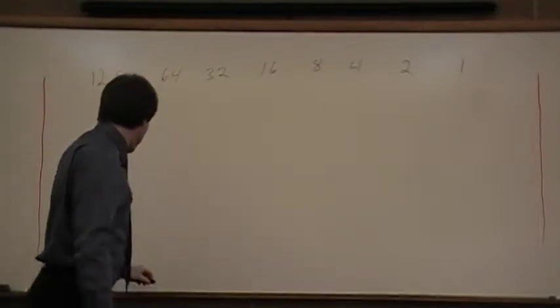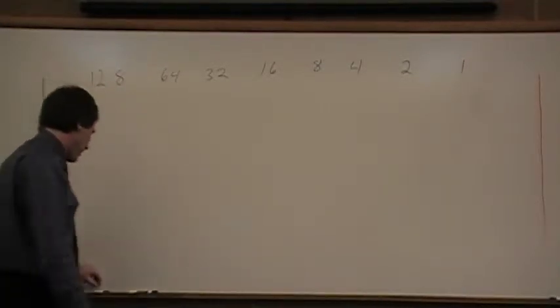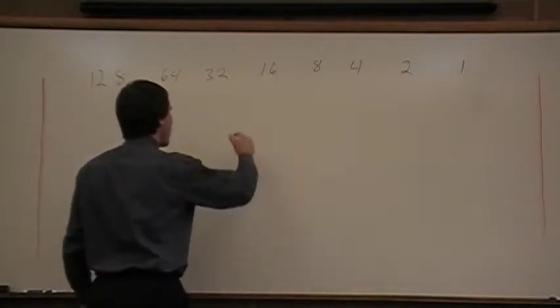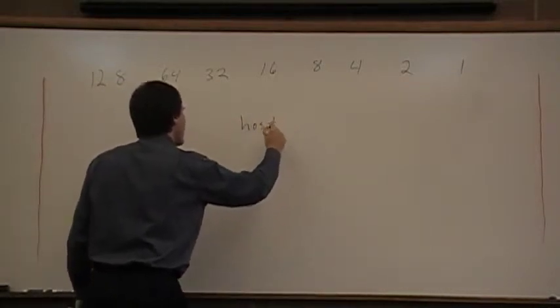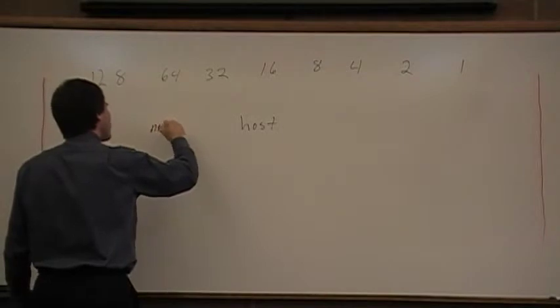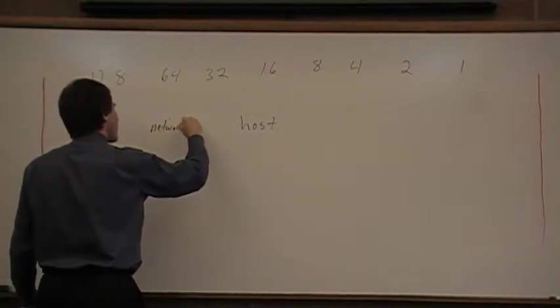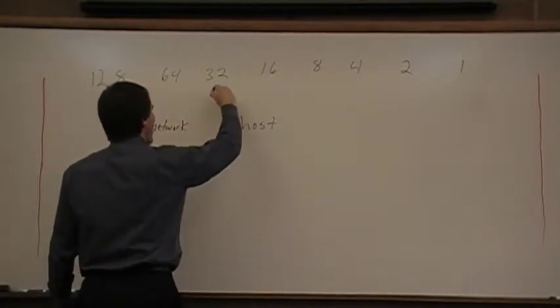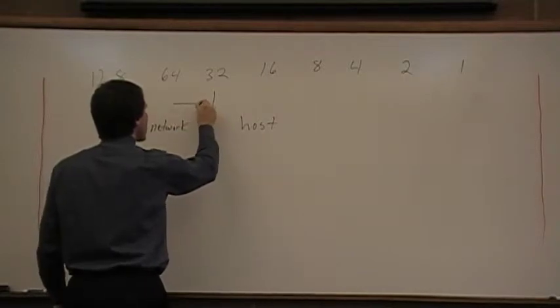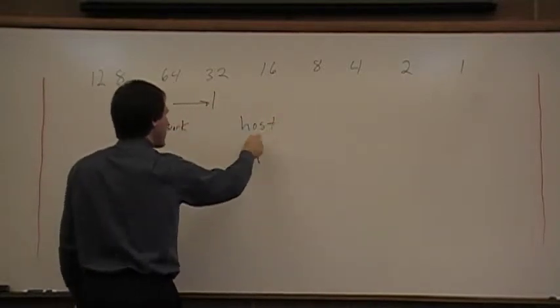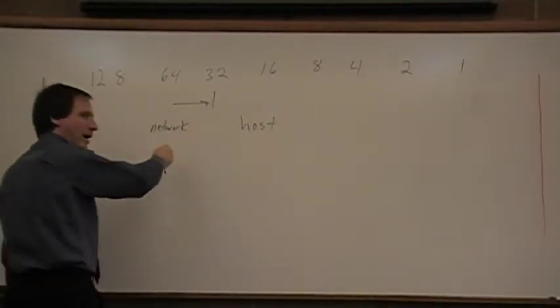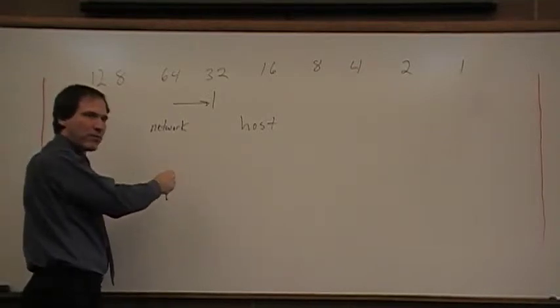The next thing is, since you're borrowing bits, you know what happens when you subnet. You have the host portion over here, and the network portion over here, and there's this line that moves in this direction. So you're taking bits from the host and making them network bits.